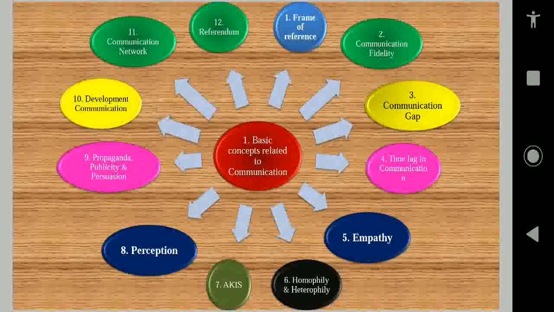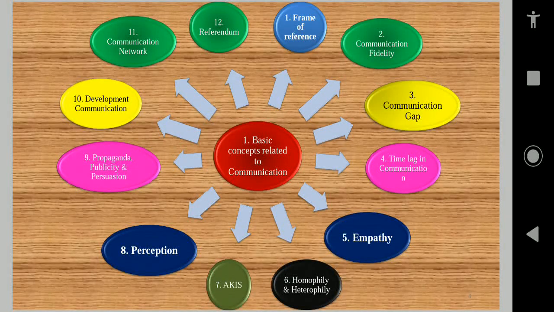Empathy means the ability of one person to understand the internal frame of reference of another person and accept the same. Acceptance doesn't mean agreement; it just accepts the things.